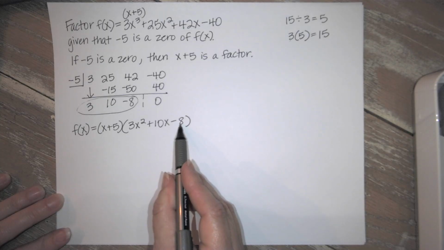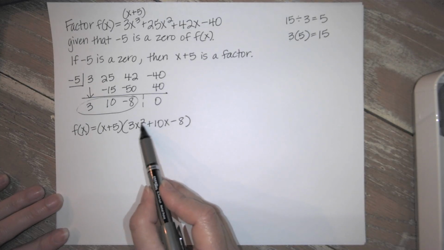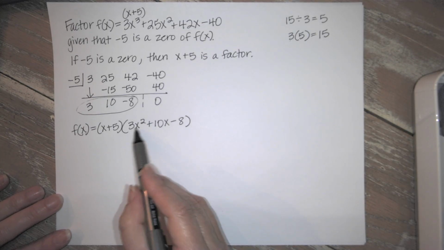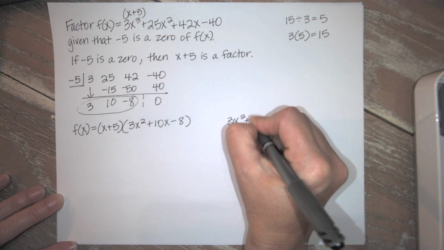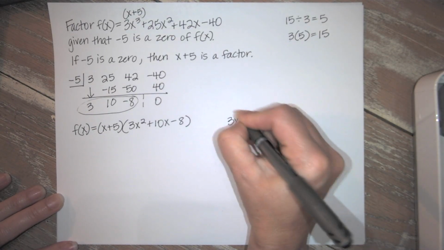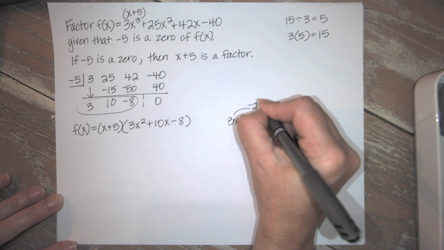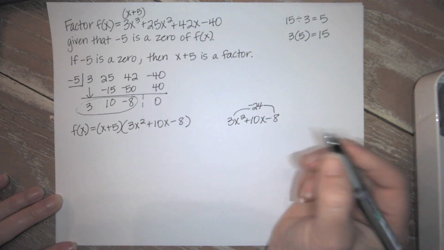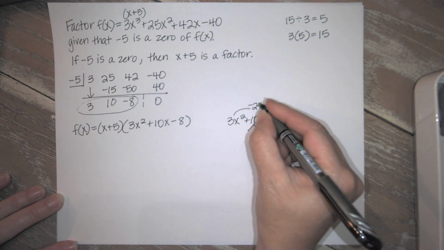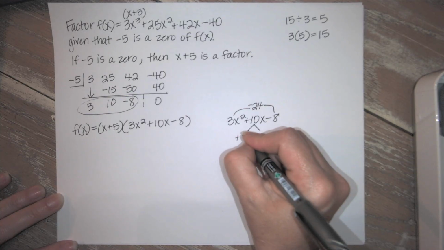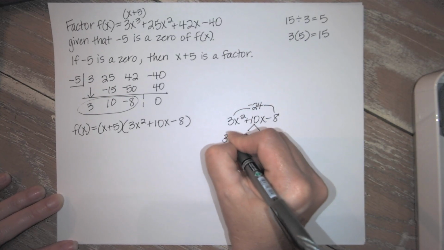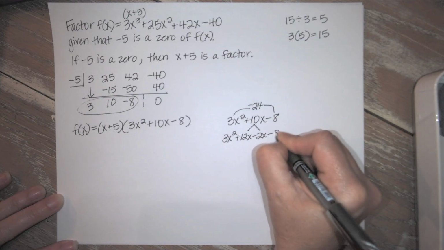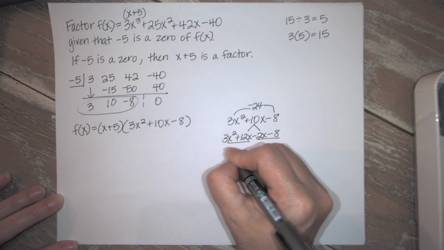Now this is a trinomial, quadratic trinomial, that can be factored, and so we can use the AC method to factor this polynomial. 3 times negative 8 is negative 24. Factors of negative 24 that give us 10 are positive 12 and negative 2. And we can group.